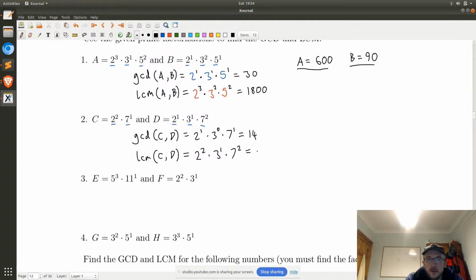And now compute. 3 times 7 squared is 147. 147 times 4. Well, if I double it, I get 294. And if I double that, I get 588. And that's your answer.